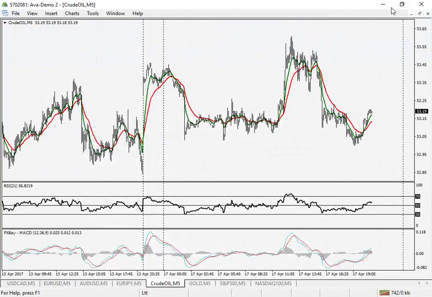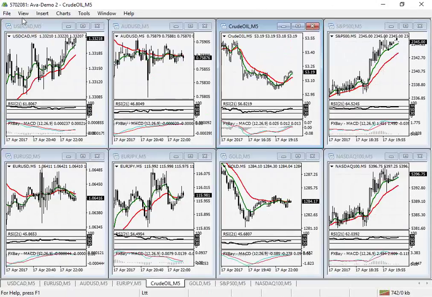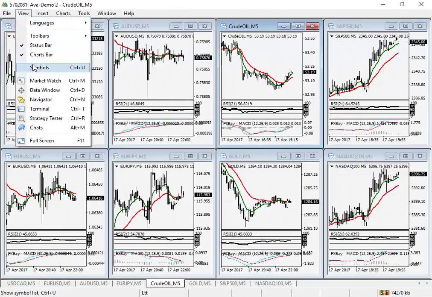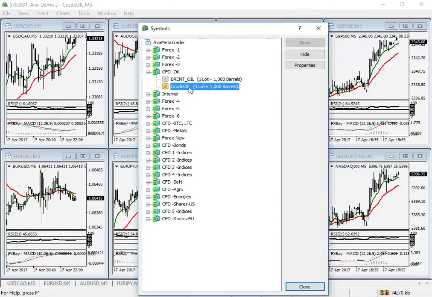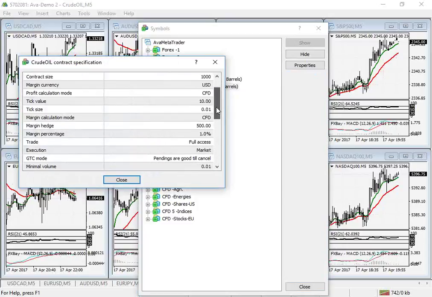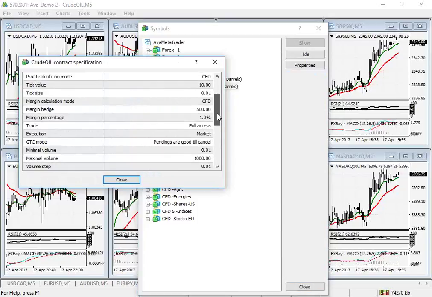Now, let's go back to the symbol list. You'll notice that every product has a swap charge. However, there are 7 days in a week, but trading is only 5.5 days.